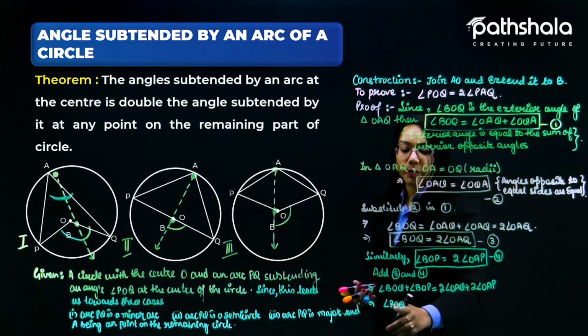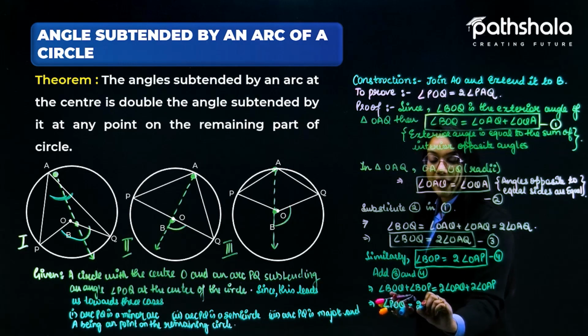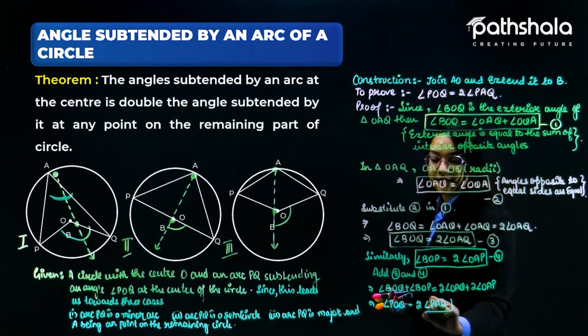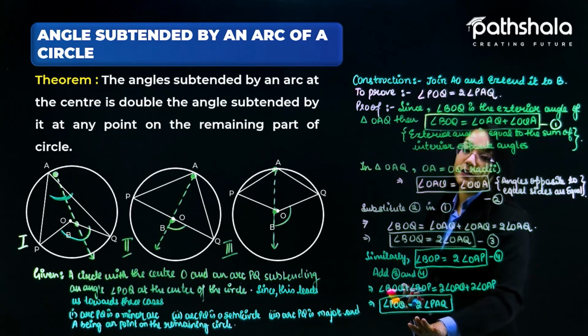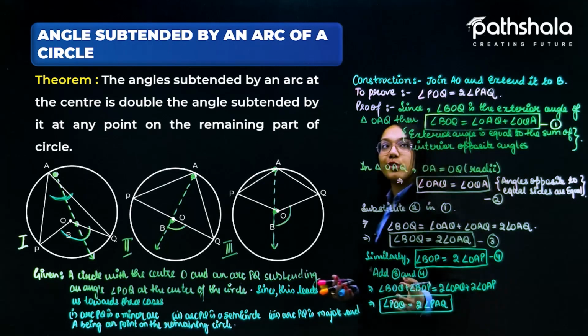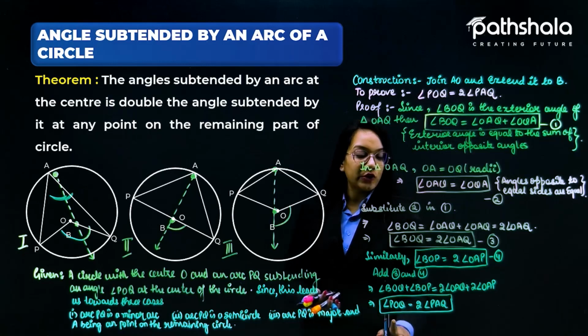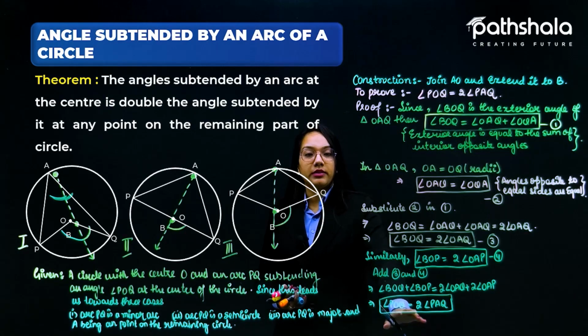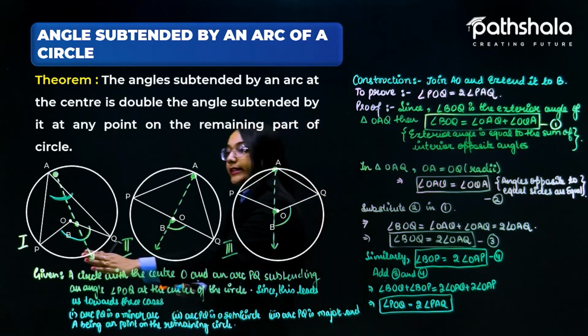So hence POQ is equal to twice the angle PAQ. As you can see yourself, they are forming the whole complete angle. And this is exactly what we need to prove, that POQ is equal to twice of PAQ. So this is for these two cases.